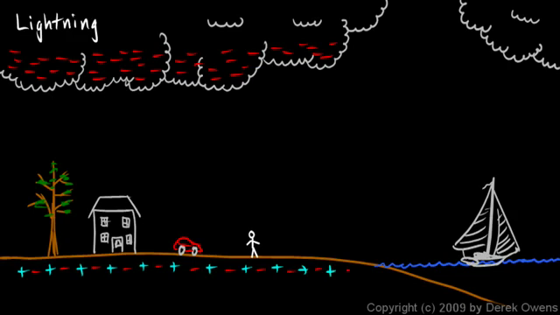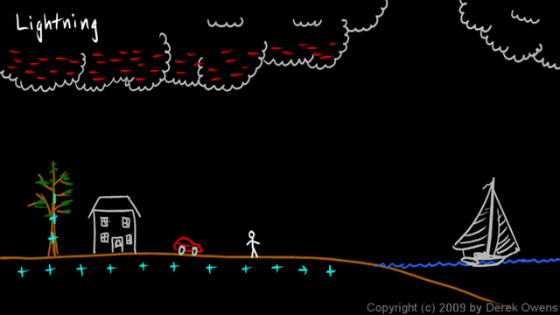The negative charges, the electrons, are much more easily moved, and they're repelled by all the electrons in the clouds. So these electrons tend to get pushed away. They get pushed deeper into the ground or spread out by the negative charge in the cloud above. So the ground beneath now has been charged by induction. The ground is positively charged. And all the things on the ground are positively charged.